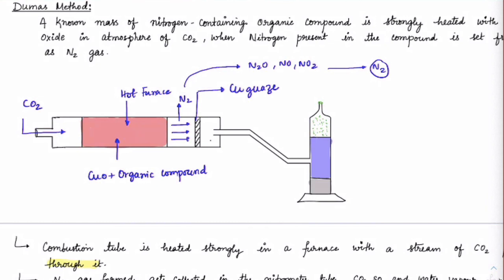And the nitrogen that has formed here would have more N2 content, and N2O, NO will be very, very less now, only in traces. So this N2 we have, carbon dioxide we have, water we have. These are the gases which will come out of the mesh.